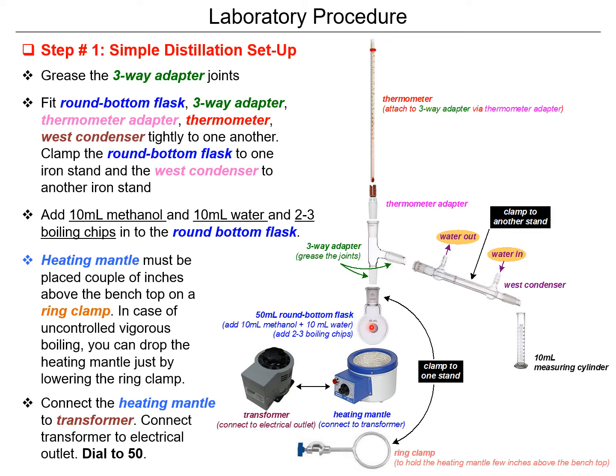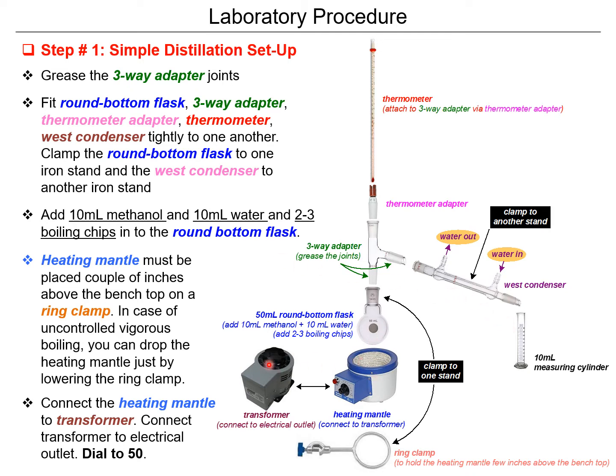And then if you shake the flask or something, it'll violently boil and spill over hot liquid, right? We don't want that. So the boiling chips add little holes, nucleations, to be able to form bubbles so that it can gently boil without violently spilling over, right?